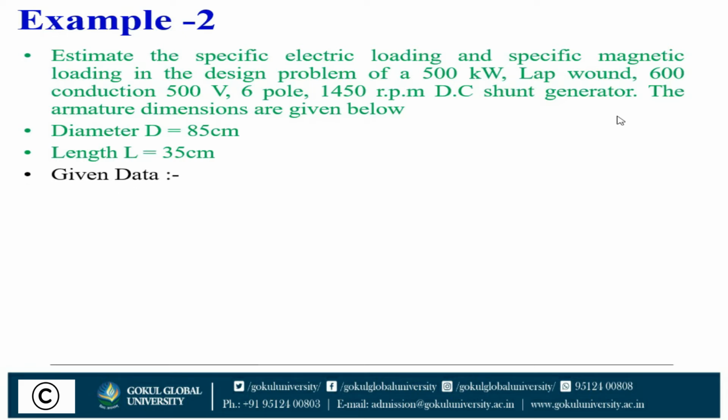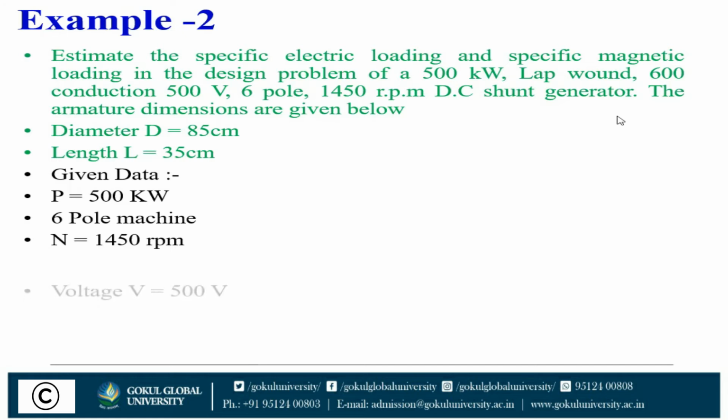So given the data, let us derive. P is equal to 500 kilowatt, 6 pole machine, N is equal to 1450 RPM, voltage V is equal to 500, Z, the total number of conductors, is equal to 600.